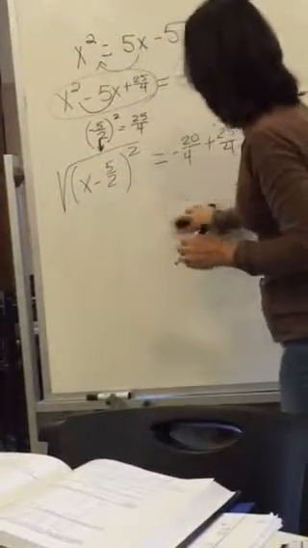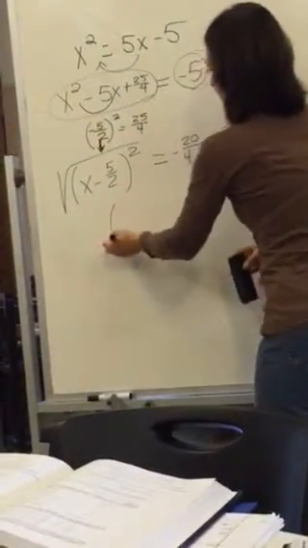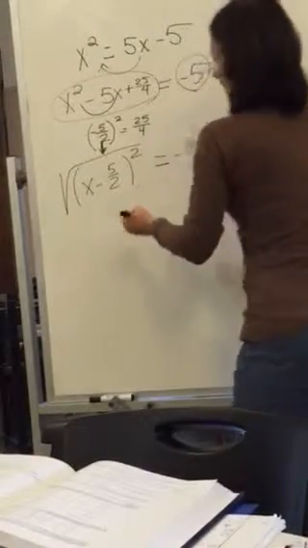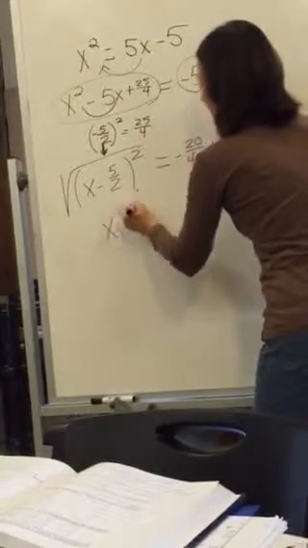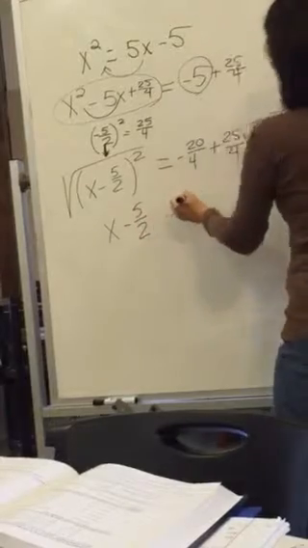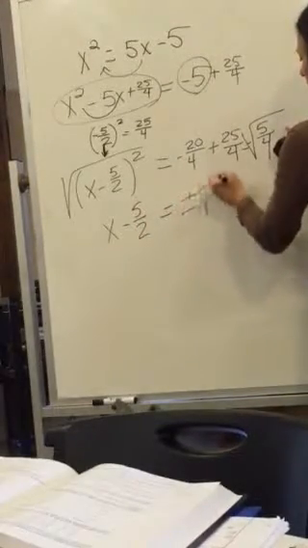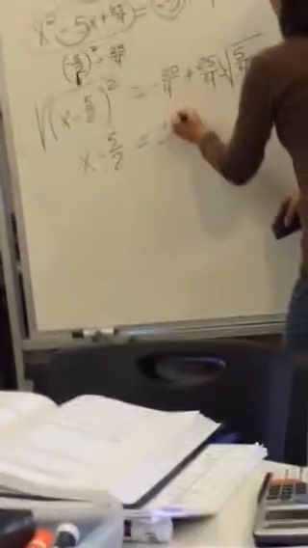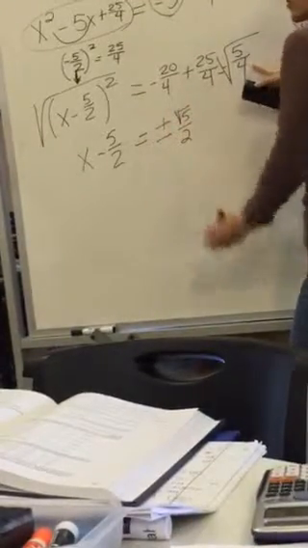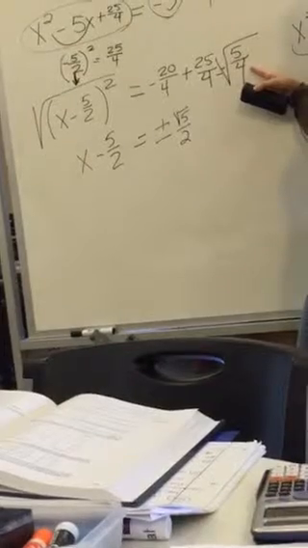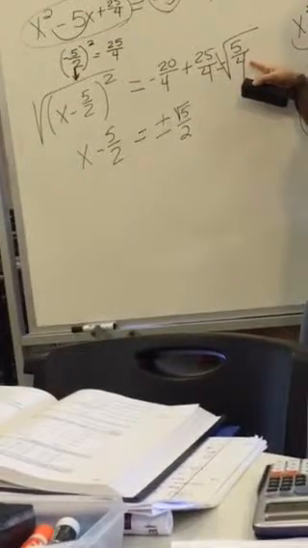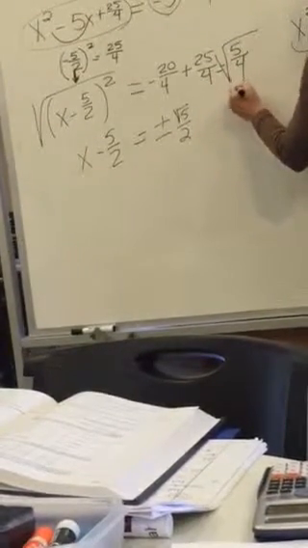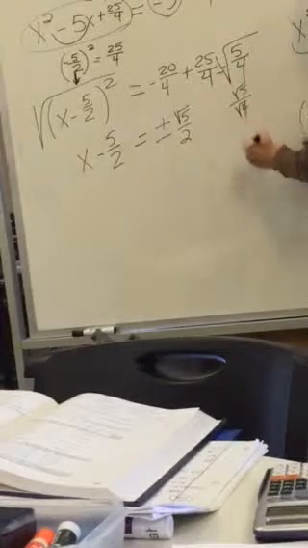All right, square root. X minus 5 halves equals plus or minus the square root of 5 over 2. I can unsquare 4, because this is the same thing as the square root of 5 over the square root of 4.